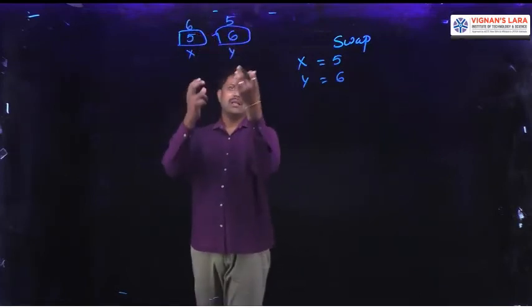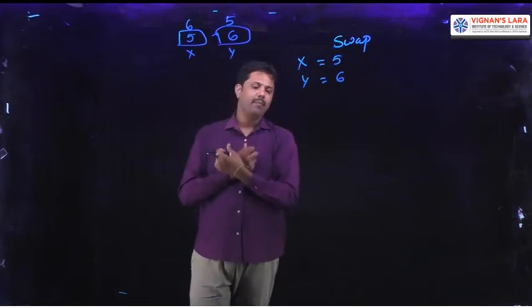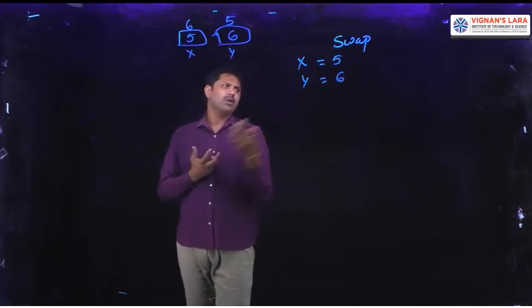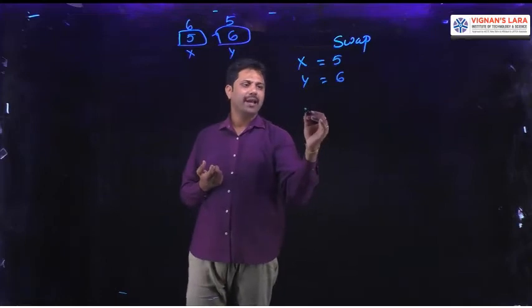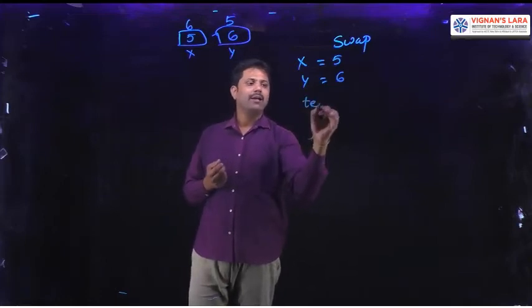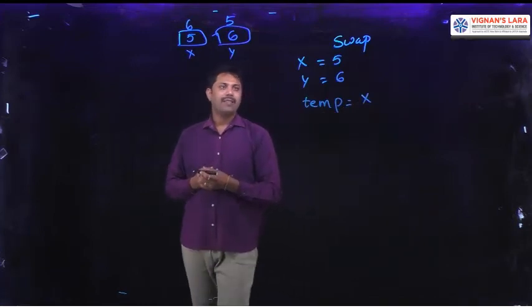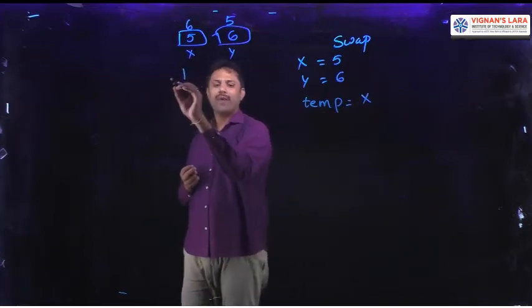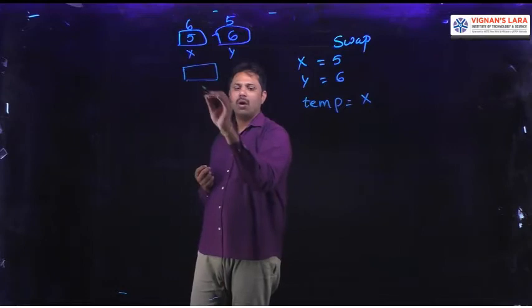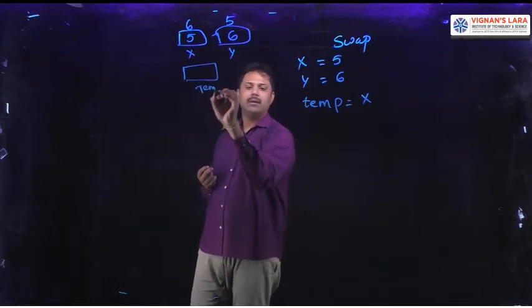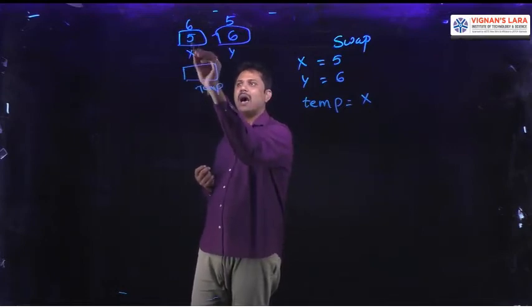That means the values should be swapped between these two variables. You can perform this by taking a temporary variable, temp equals x. This temp contains 5.